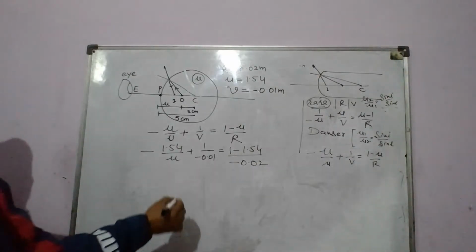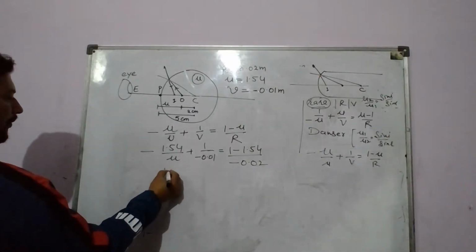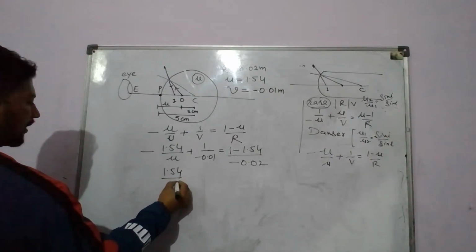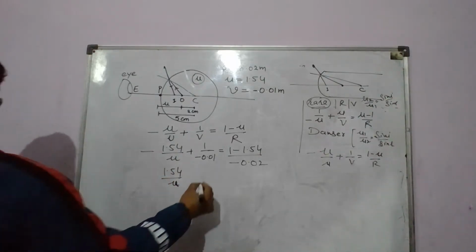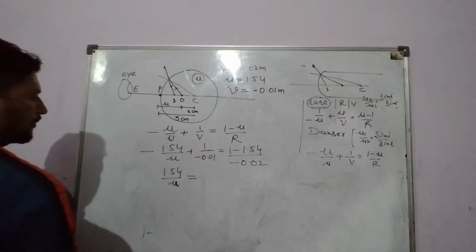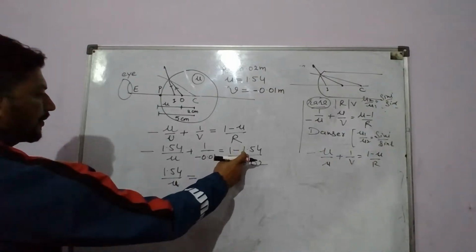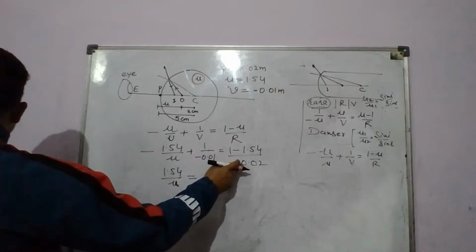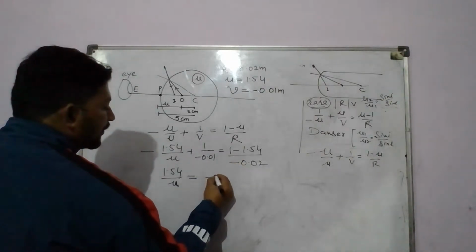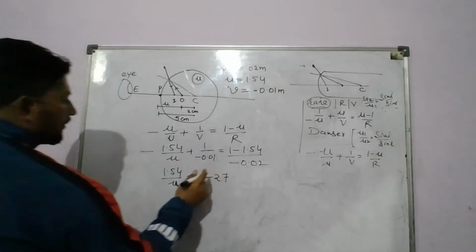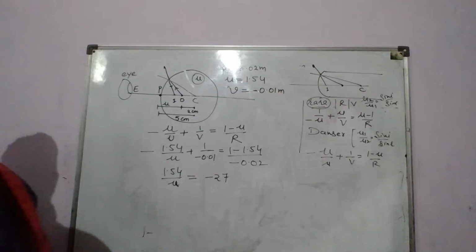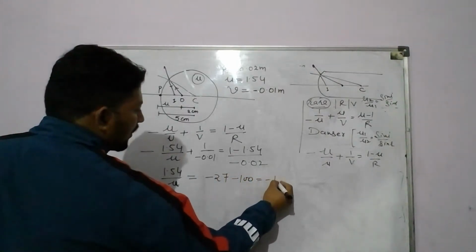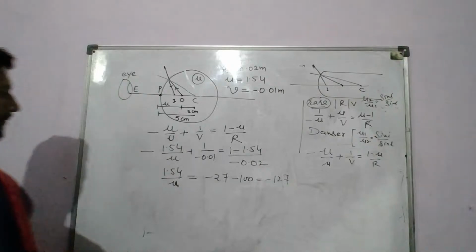So how to solve this? 1.54 divided by u is equal to 1 minus... this one equal to minus 27 and minus 100, which is minus 127.